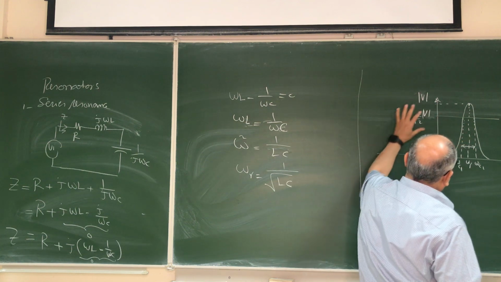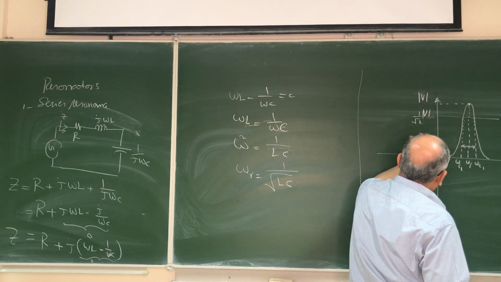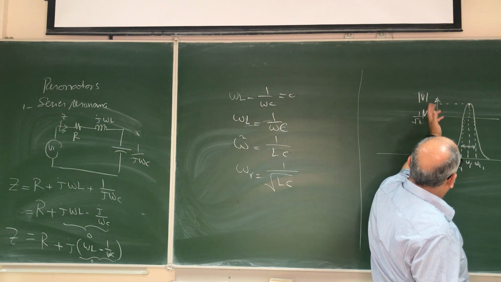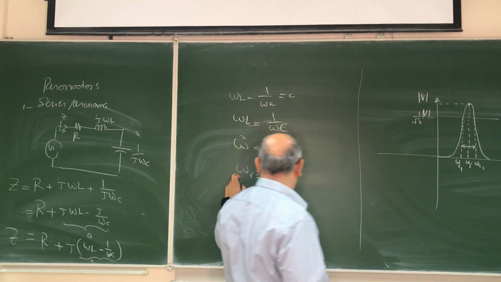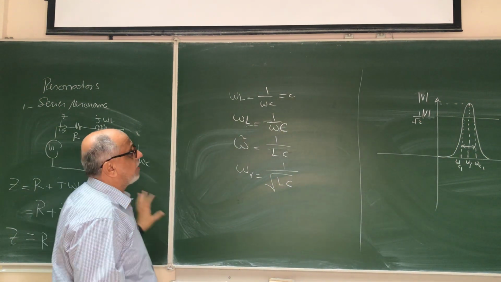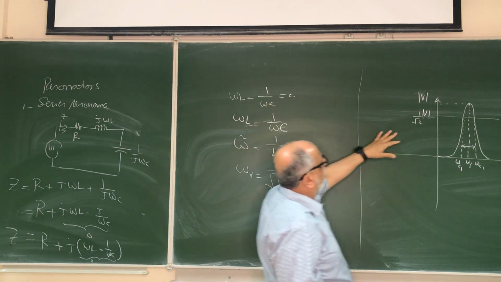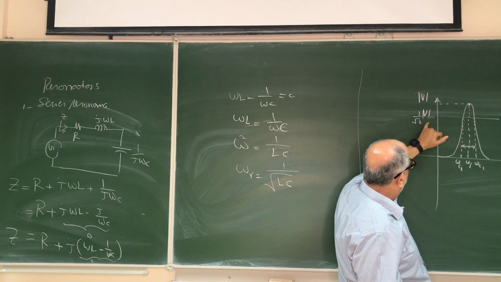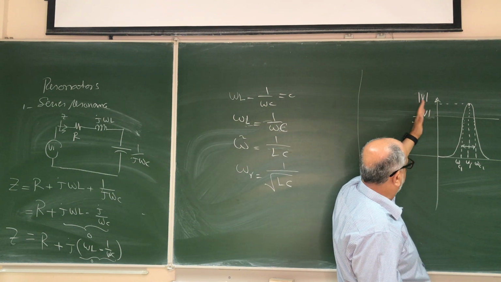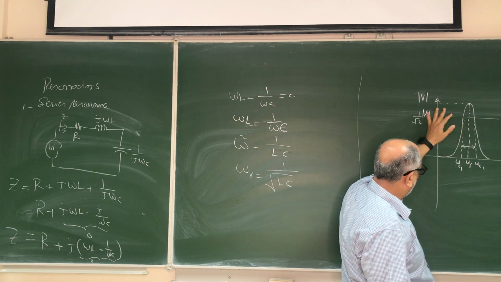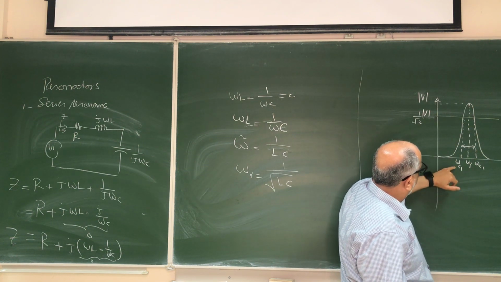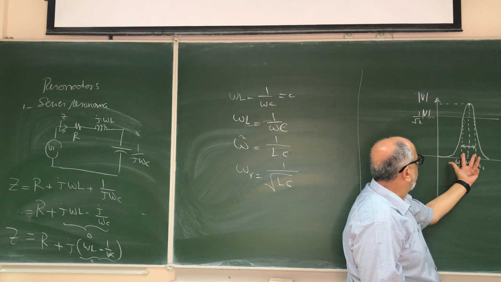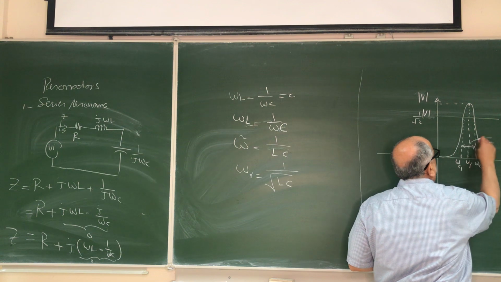These are the important terms we have to worry about in any resonance circuit. We have to know the resonance frequency, which we can derive, as I said. The second thing is the half power frequencies, or minus 3 dB, or cutoff frequencies, omega C1 and omega C2. Then we have the bandwidth, which is the difference between the two.